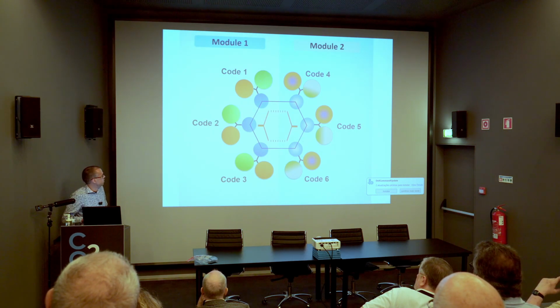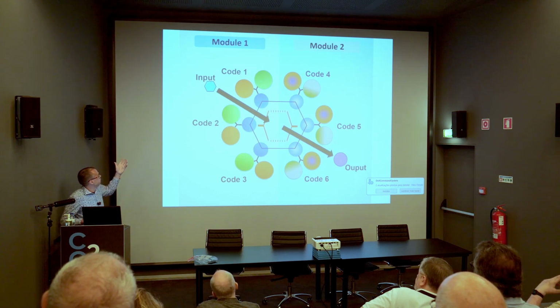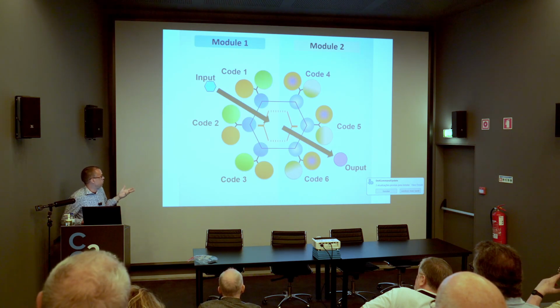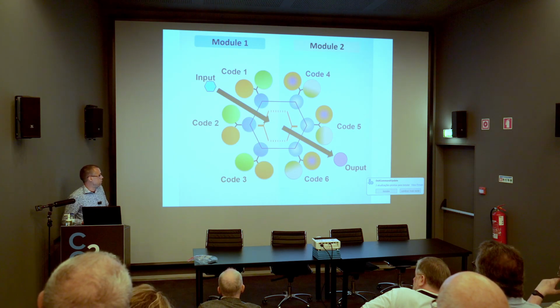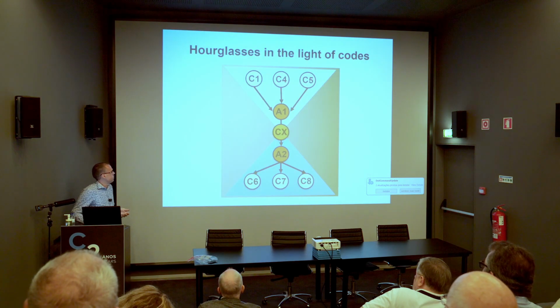So in metabolism, let's say you have the first processing of a nutrient molecule, and when this is transformed, maybe you have another module that is responsible for the storage, or let's say from sugars it makes fat molecules.